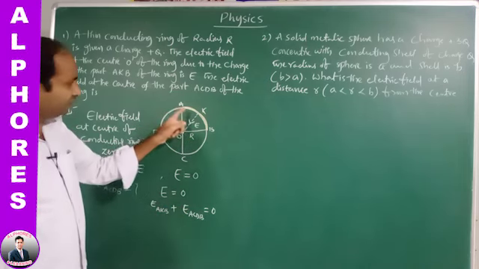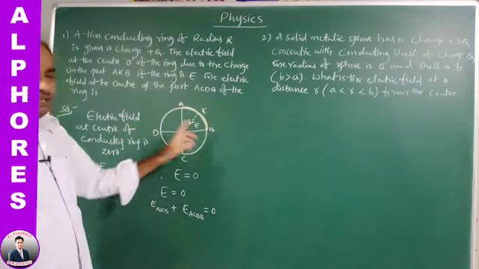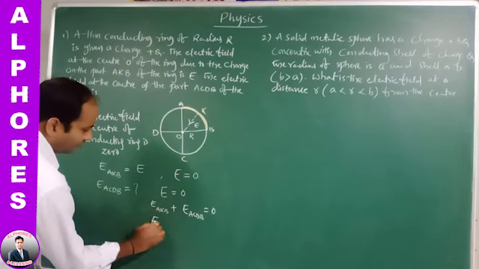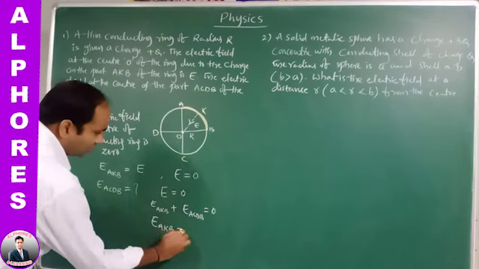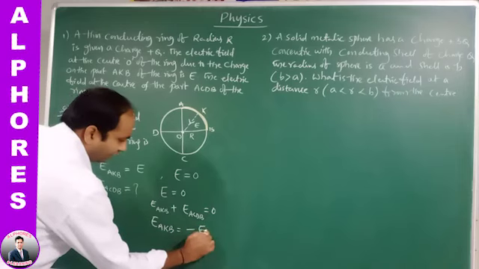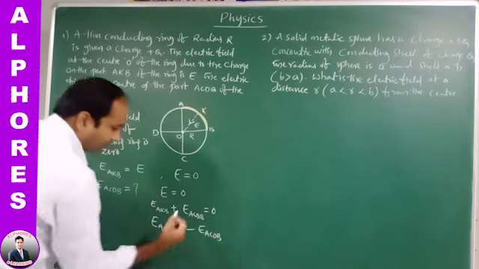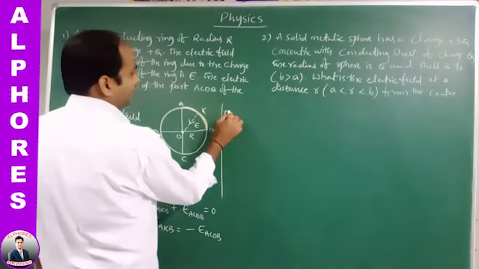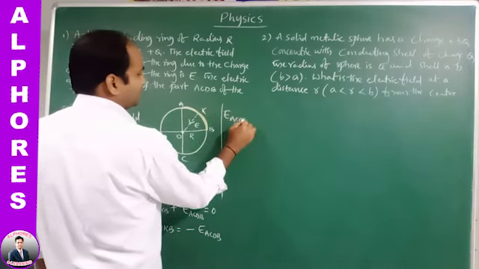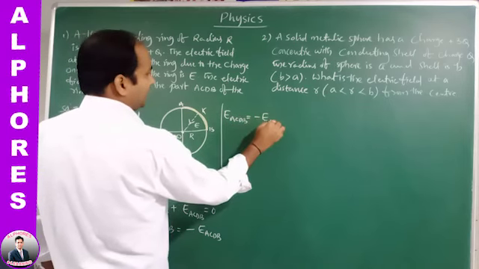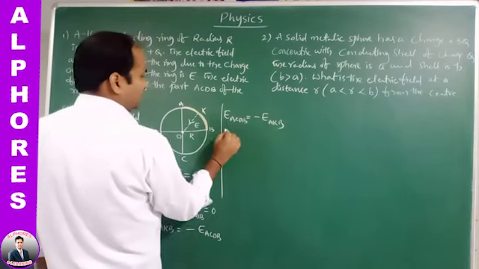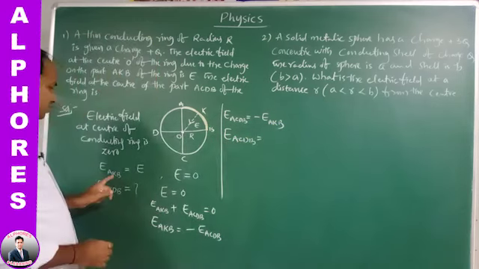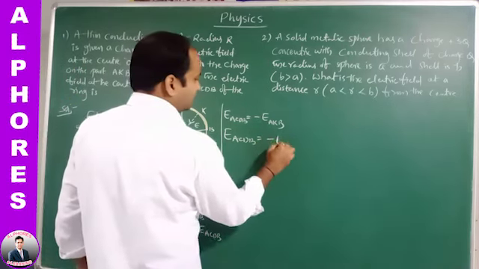The sum of the electric fields due to AKB and ADCB is 0, which means E of AKB is equal to minus E of ACDB. So E of ACDB is equal to minus E.